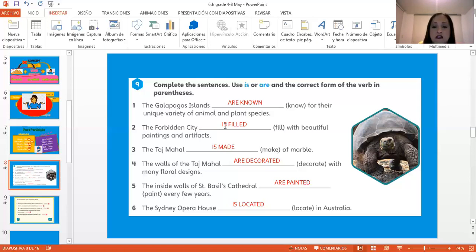And then the verb in parentheses in the past participle. Check. The verbs known and filled are from the groups that we studied in the previous slide. We have irregular and regular.